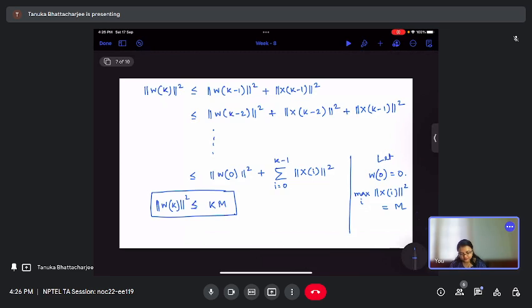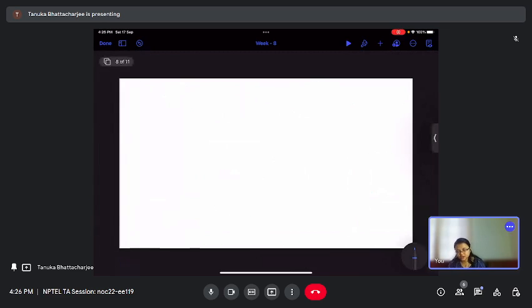Now, let us see another angle. So, you have your wk equals wk minus 1 plus xk minus 1. This also you can put the expression for wk minus 1, then k minus 2, and keep on putting the expressions in a recursive manner.